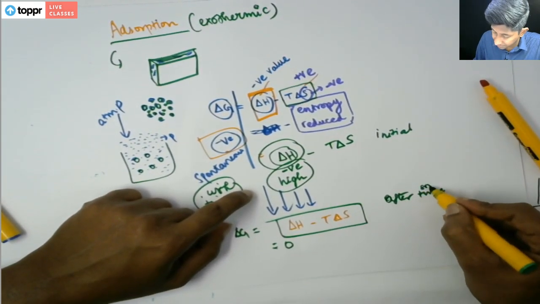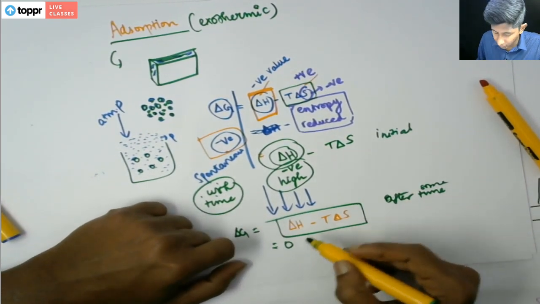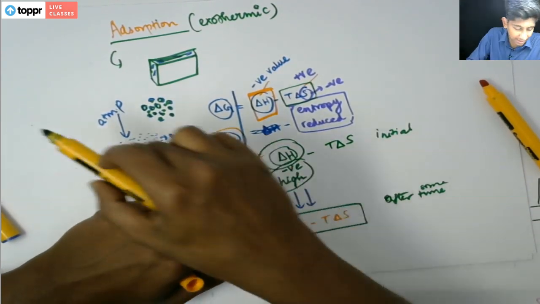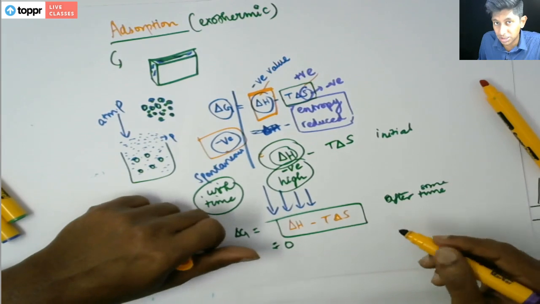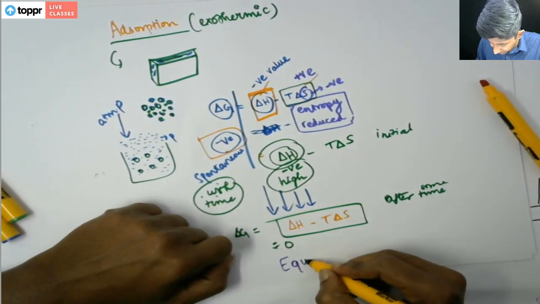After some time, this thing becomes equal to T delta S, and therefore the value of delta G becomes zero. At this stage, the whole adsorption system goes into a state of equilibrium.